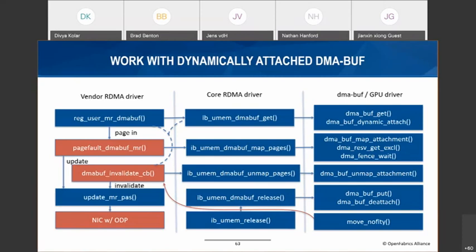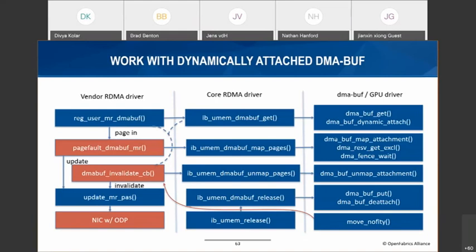And the left side of the picture is the actual flow coming from the user space. The user space memory registration call will finally land in the vendor-specific RDMA driver.